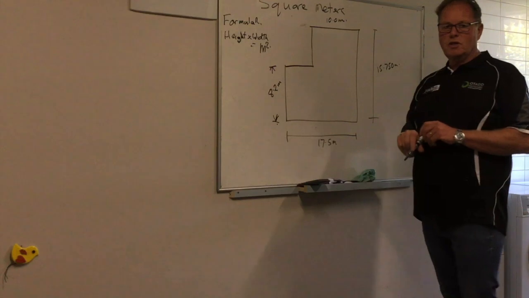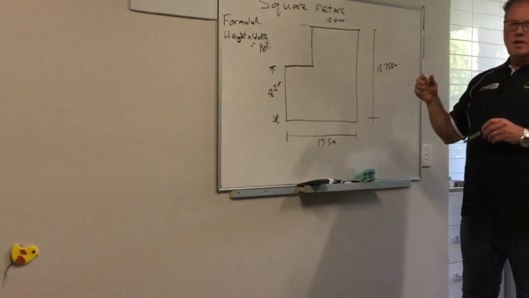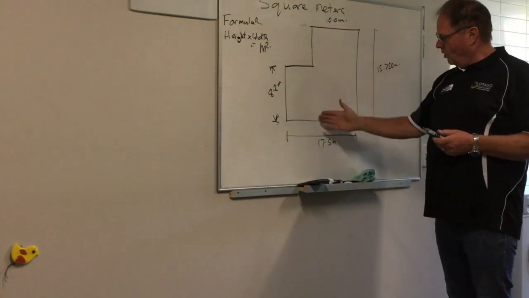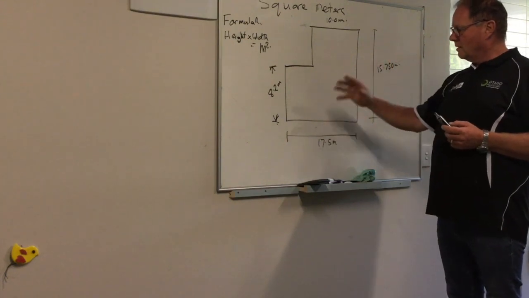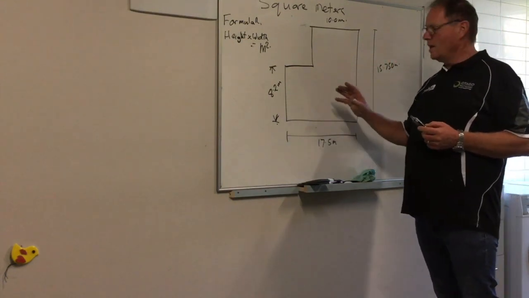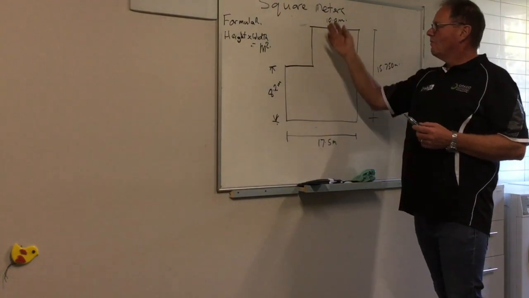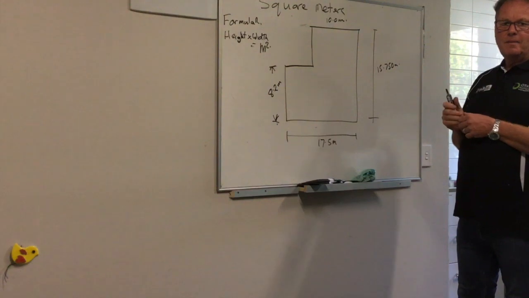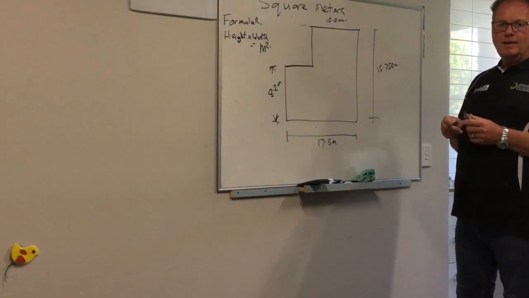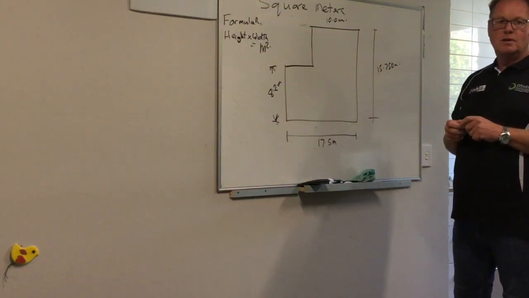I suggest you do what we learnt in the practice, divide it into two segments, then add them together to come up with a total square metres. If you just write them down, I'll be back and we'll run over the answers.